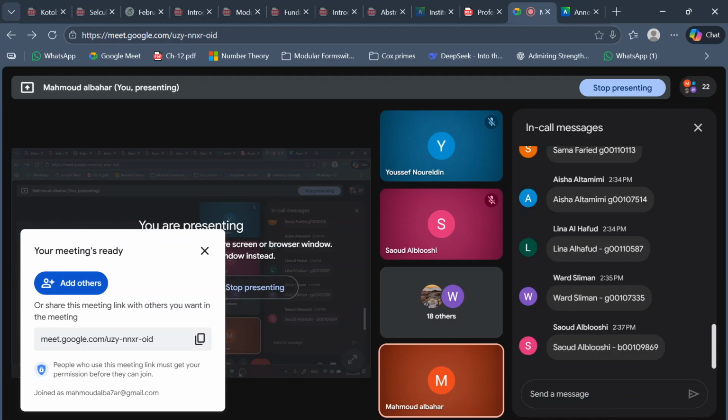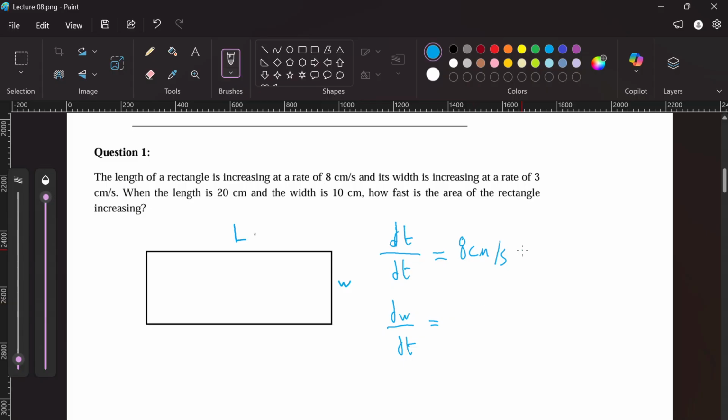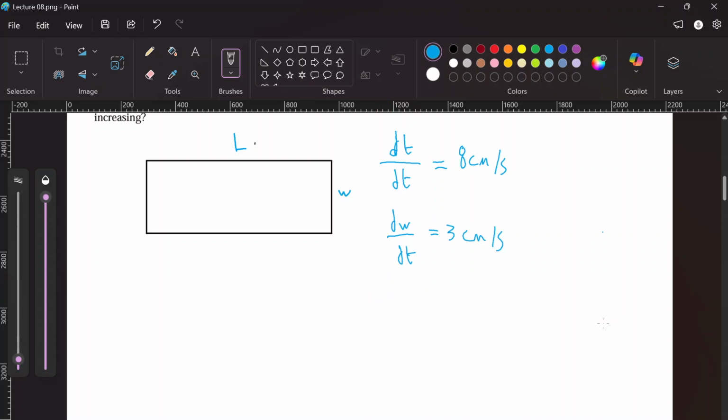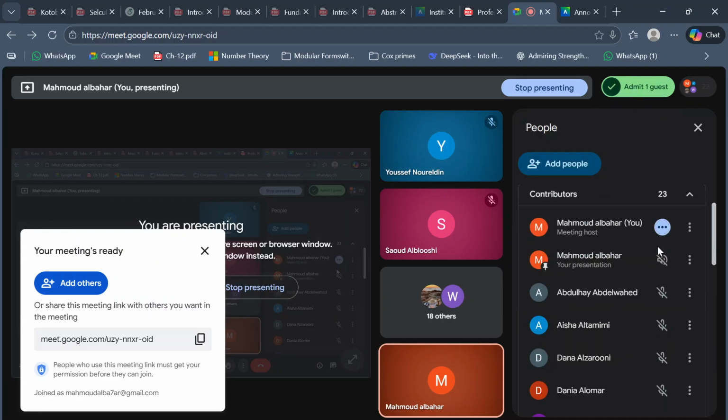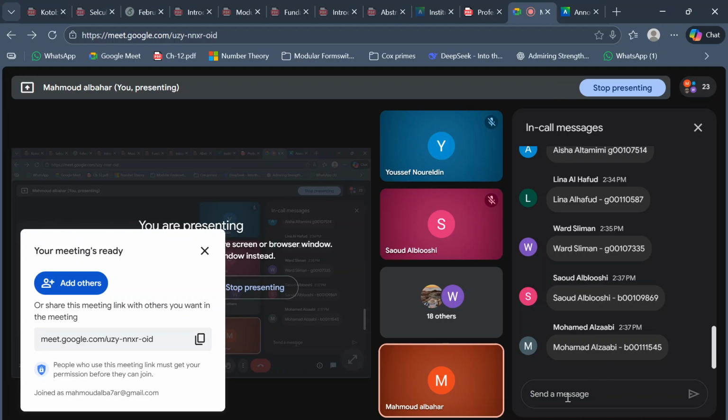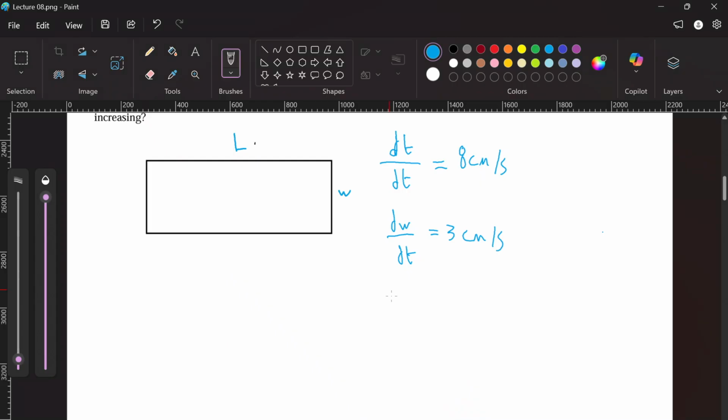Okay, let's continue. Now dW over dt equals 3 centimeters per second. Now when the length is 20 centimeters and the width is 10 centimeters, how fast is the area of the rectangle increasing? So we want to find what? We want to find the area, but let me show you the question.